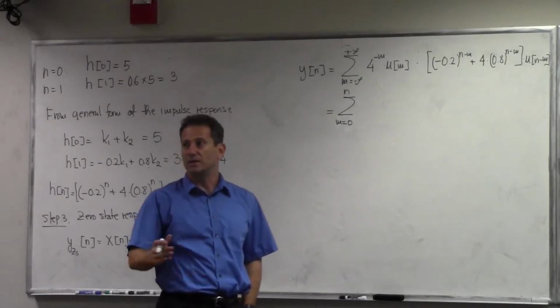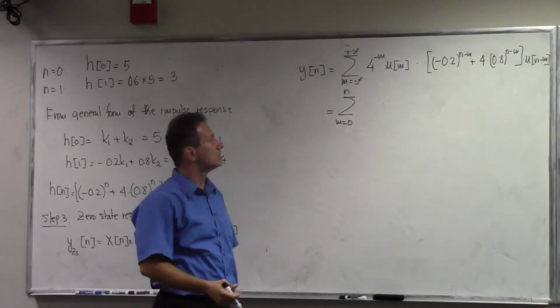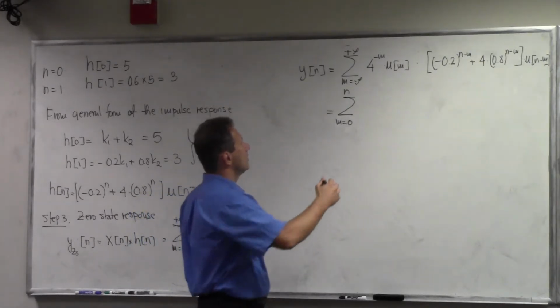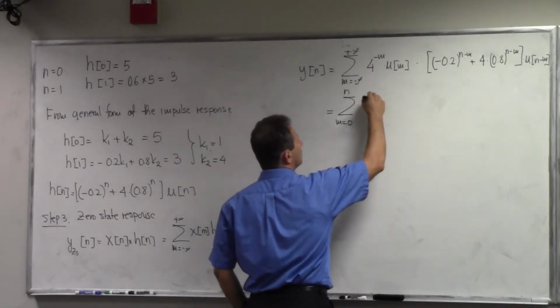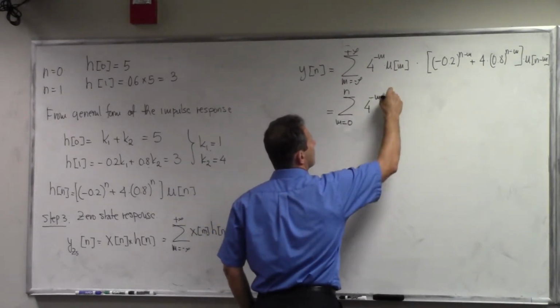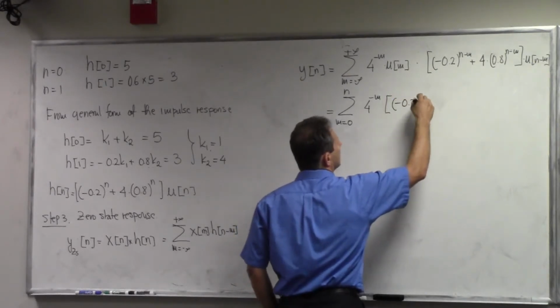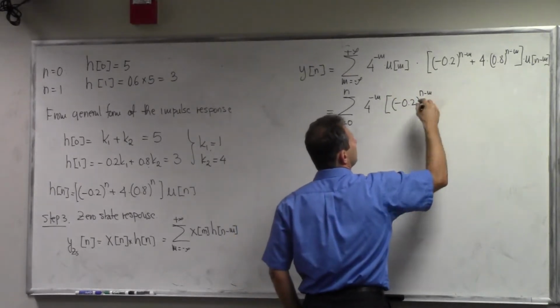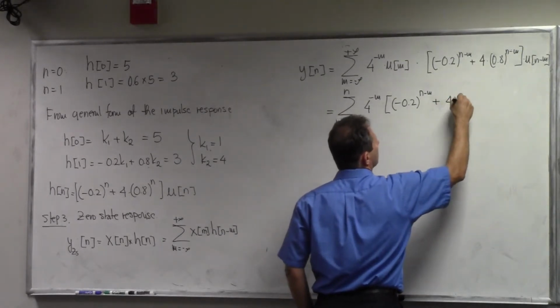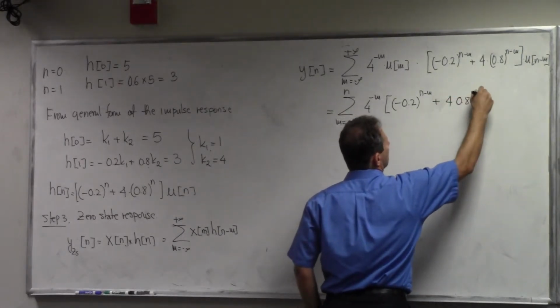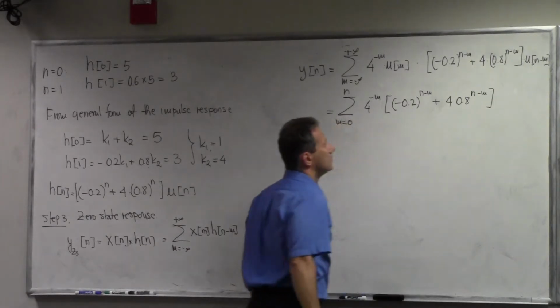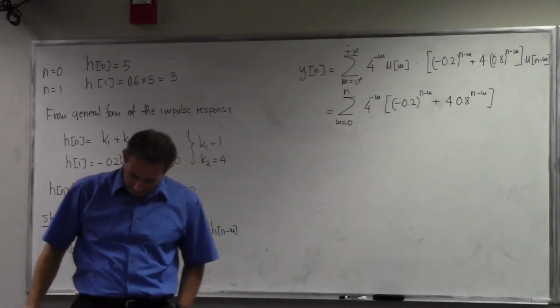In the rest of the interval, they are equal to 1, so they're just equivalent to multiplication by 1. So you end up with 4 to the minus m that multiplies minus 0.2 to the n minus m, and then plus 4, 0.8 to the n minus m. So that's what I need to sum.